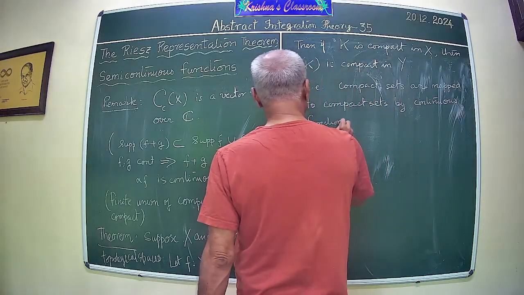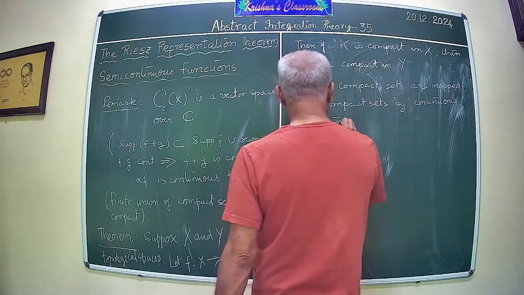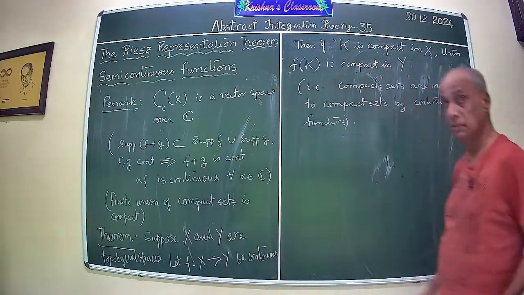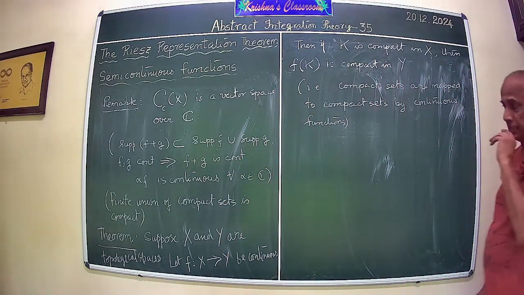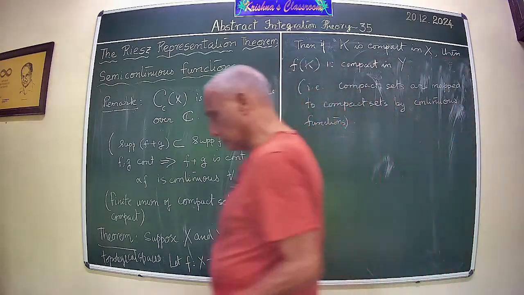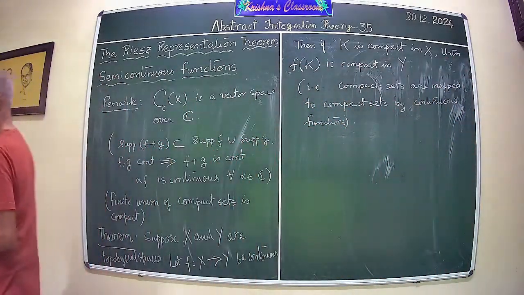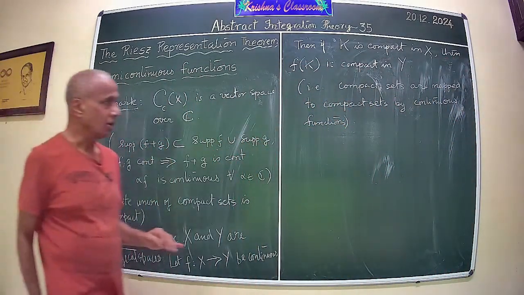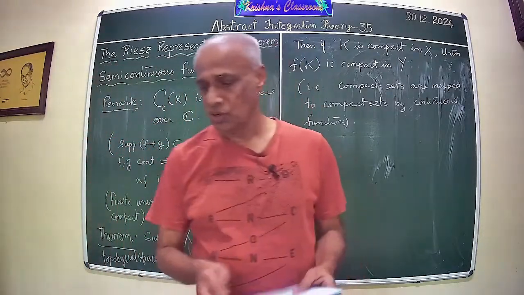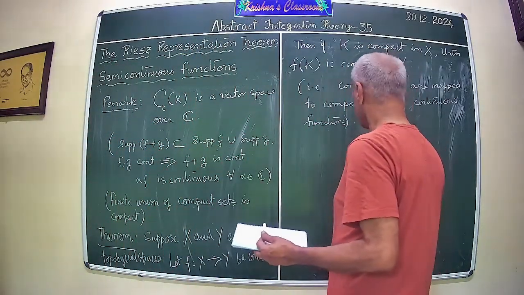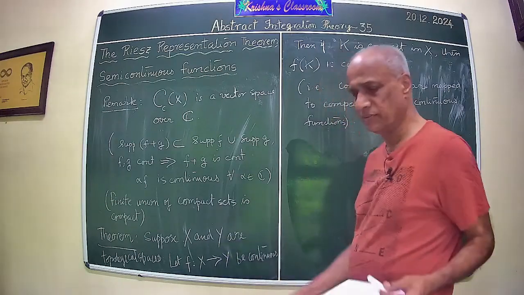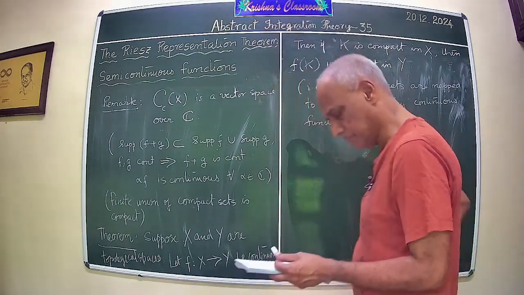And this is the remark I made, that this theorem essentially deals with the interaction between continuous functions, or what continuous functions do on compact sets. So that's a useful result. So we shall prove this. Proving is very simple.